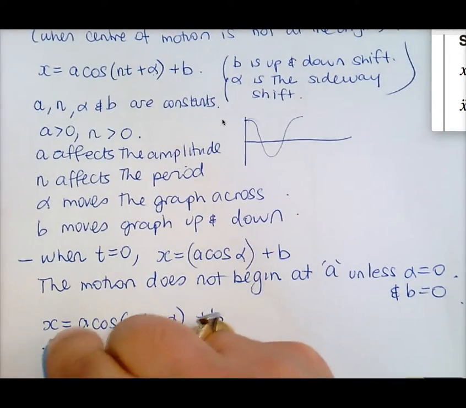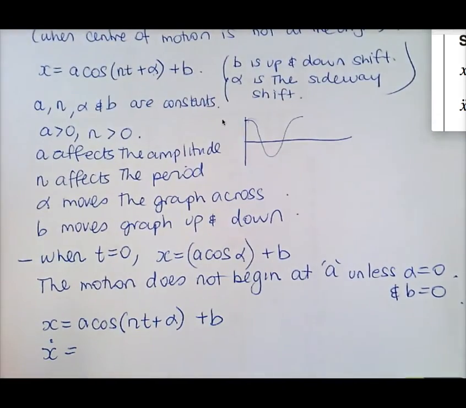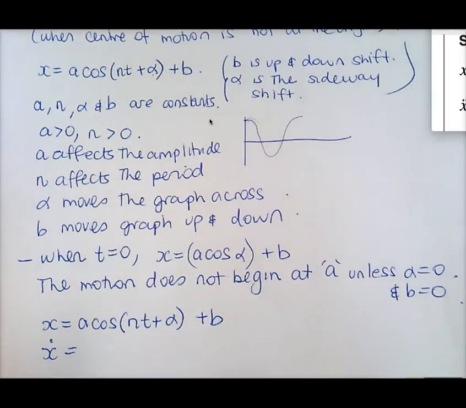So we're going to differentiate, and come up with our equations again, like we did for x, v, a, and v squared equals n squared times a squared minus x squared. We're going to do the same thing here for this equation. What does v equal?